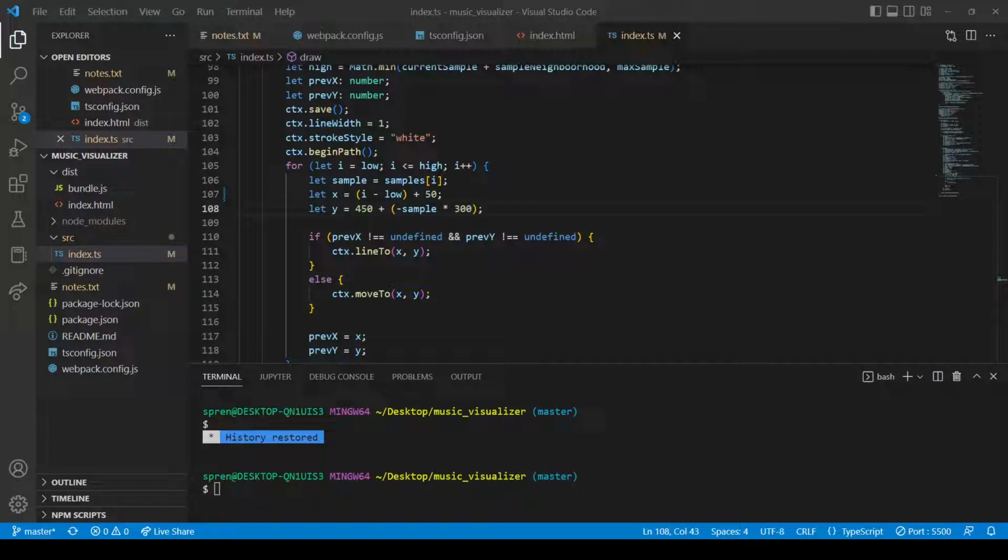Where is it? This is gonna be faster if I can find it.